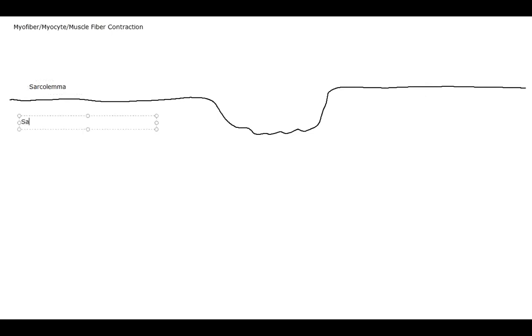We have the sarcoplasm inside, so the gooey cytoplasm of a muscle cell. I have drawn for you this little indentation right here. This is called the motor end plate.